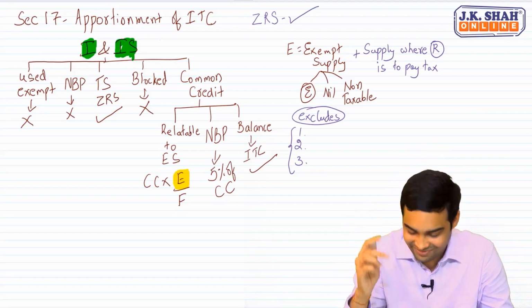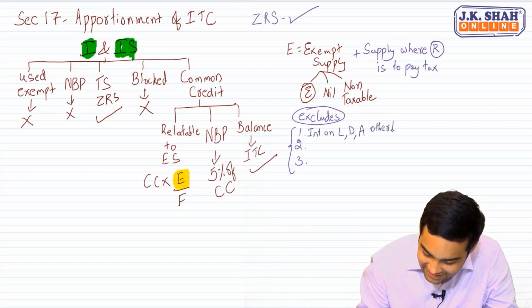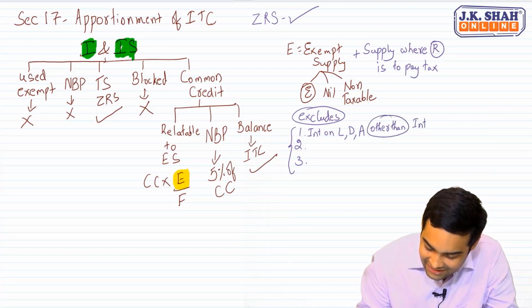First one. Interest on loans, deposits or advances other than interest earned by banks and financial institutions.